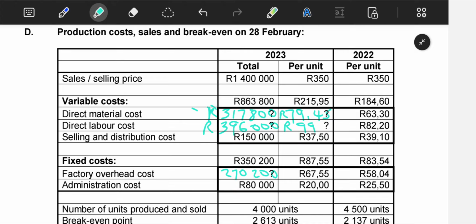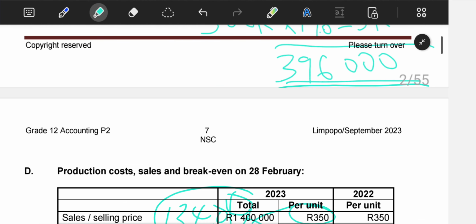Then you're going to say this minus this, and then you get your difference. How much is it? 350 minus 215. You get your 135. So every item is giving you 135 of profit after you have covered the fixed cost on the previous production.